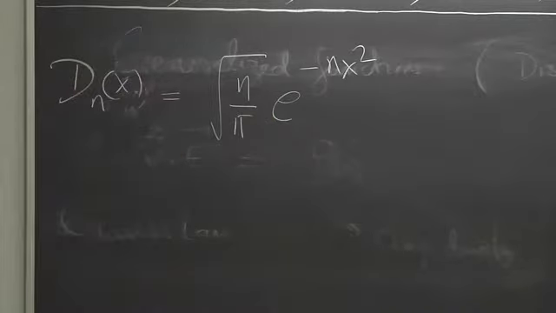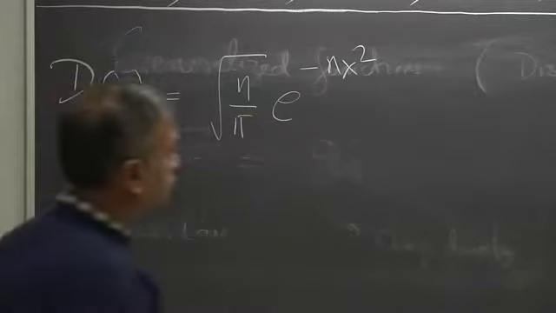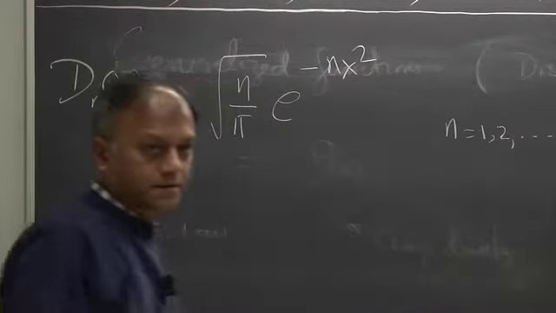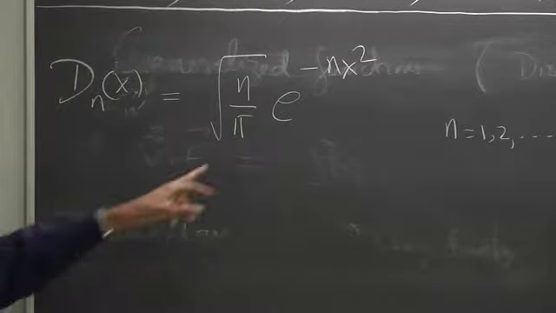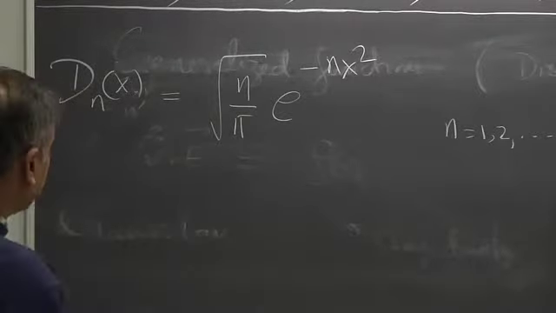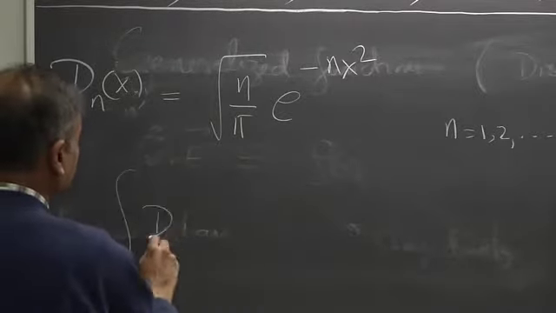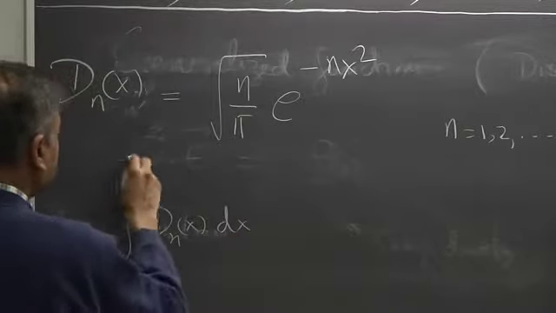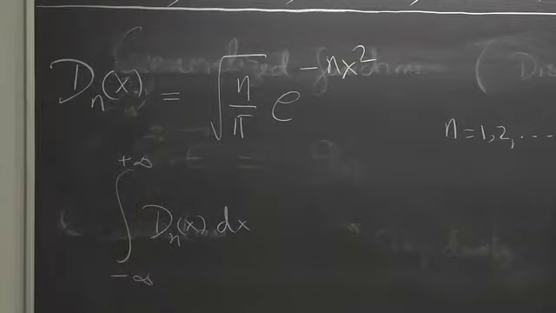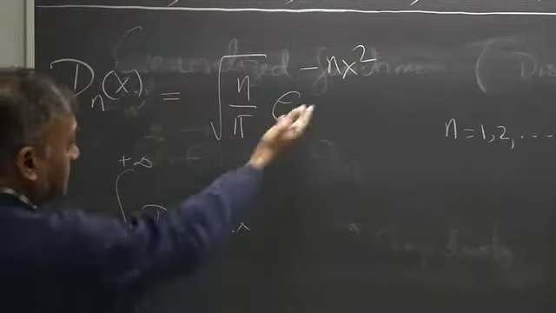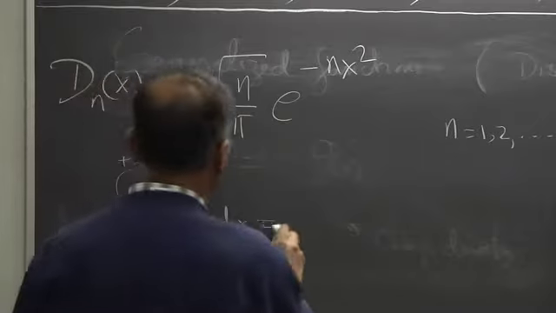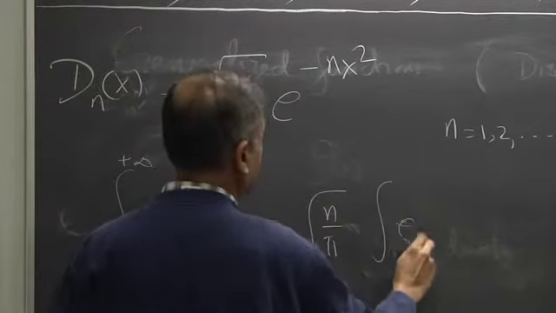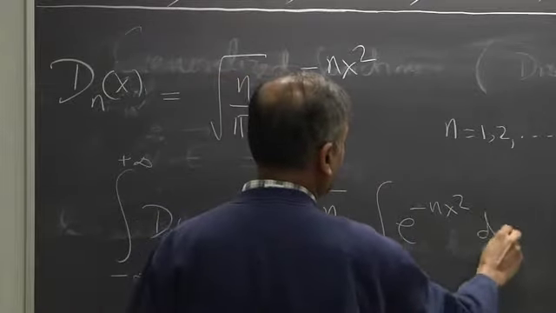So consider the sequence of functions for n equal to 1, 2, etc. Now, all of these functions have this nice property that if you integrate D_n(x) dx from minus infinity to plus infinity, it is a Gaussian integral, right? D_n(x) is simply a Gaussian. So substitute that, and you get root n by pi e to the minus n x square dx.